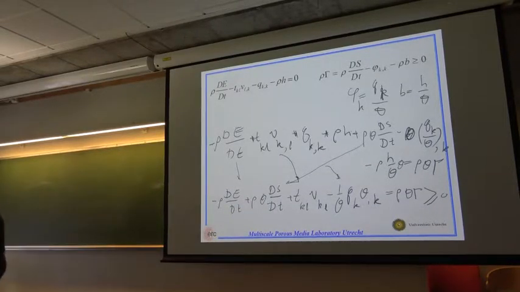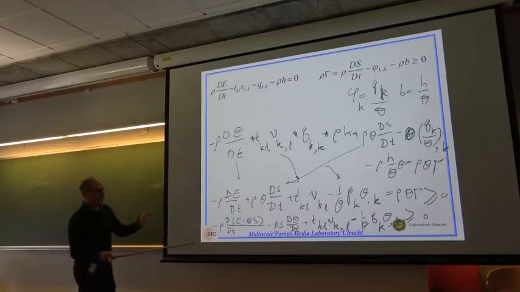So if I do that, I will then get minus rho d/dt of E minus theta s, and then minus rho s d theta dt, and then plus T_KL V_KL, there is a comma here, minus 1 over theta Q_K theta_K. I apologize for my handwriting.